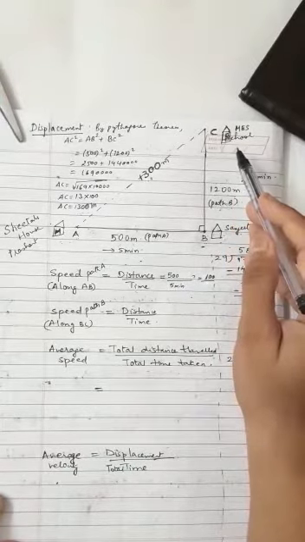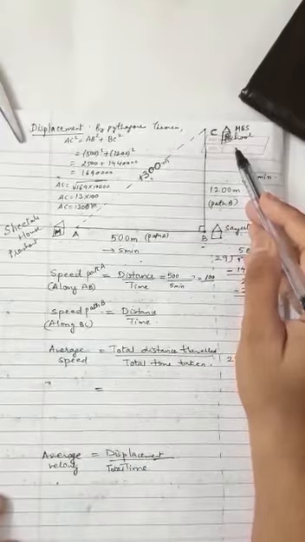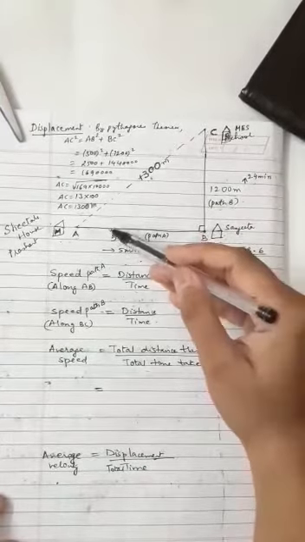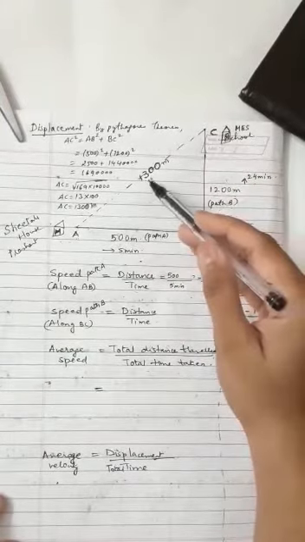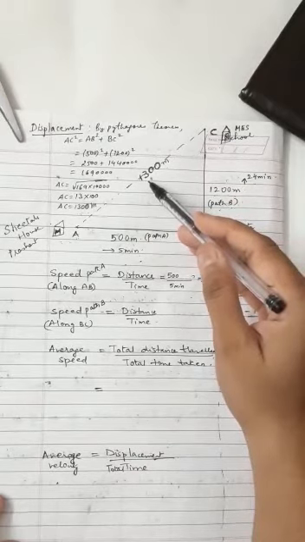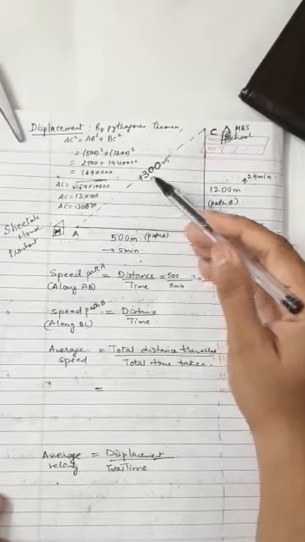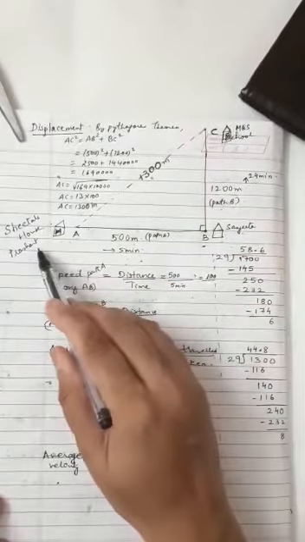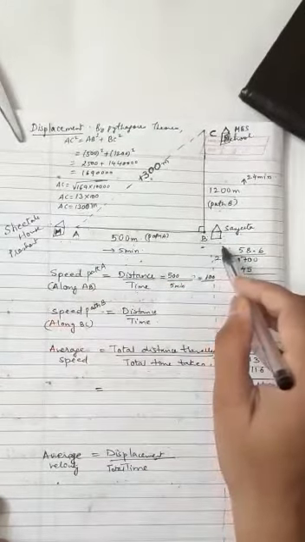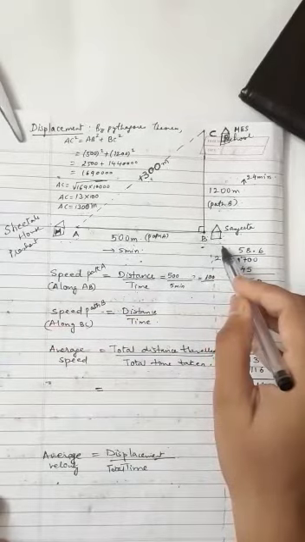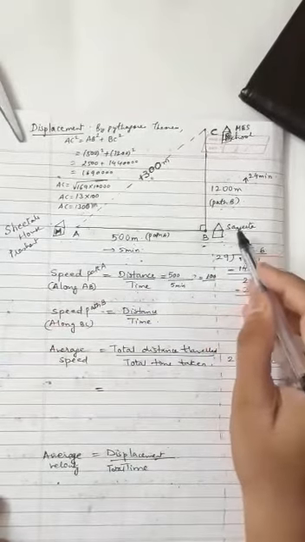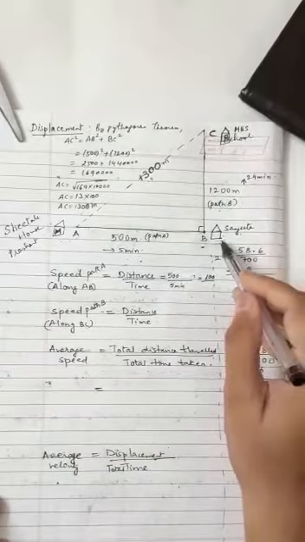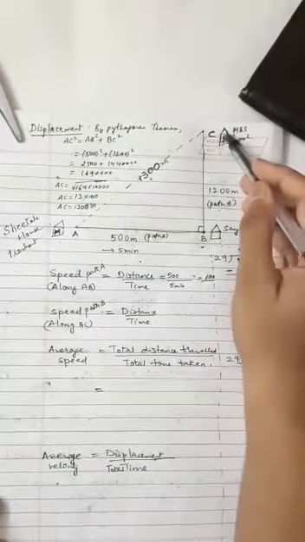Now the straight line distance between Sheetal's house and school, that is what we have taken as displacement, is 1300 meters. Suppose Sheetal takes 5 minutes to reach Sangeeta's house from her house, and then she takes 24 minutes to reach the school from Sangeeta's house.